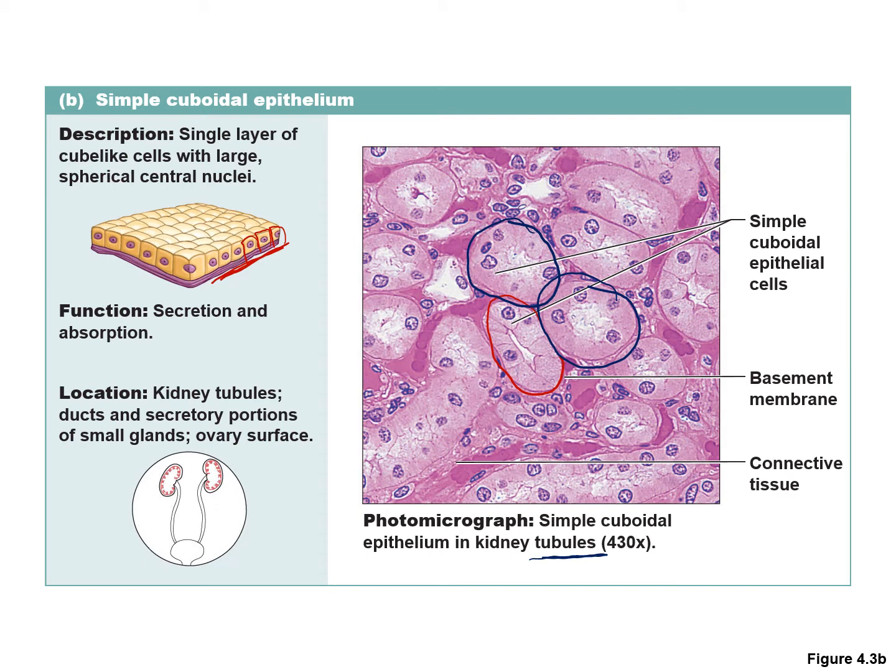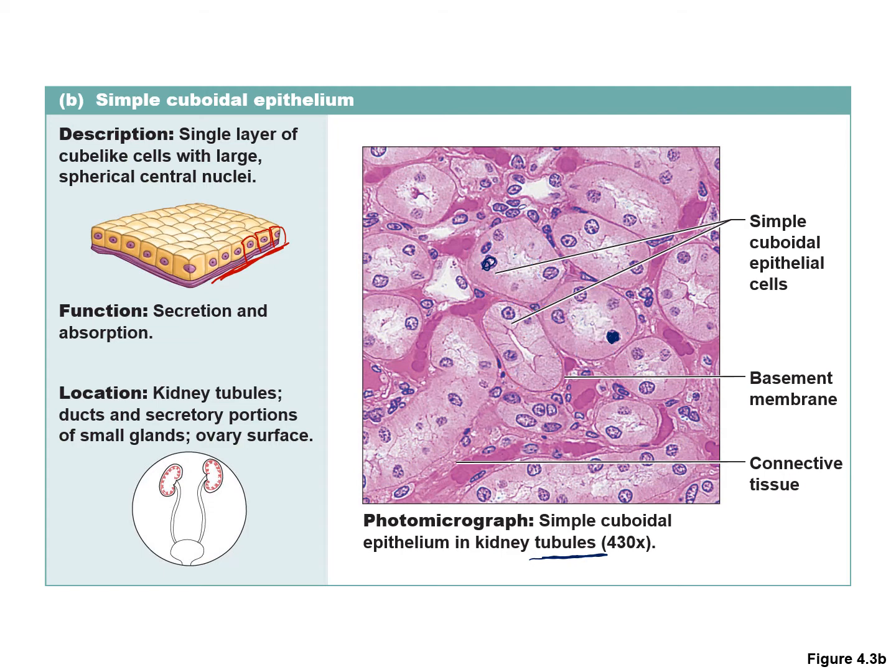But if you see, the walls of the tube are made from simple cuboidal epithelium, right? Now also, you see this dark part, this is a nucleus. So don't be confused, this is not a cell. The cell is actually all this pinkish structure that's surrounding a nucleus, right? So here's our simple cuboidal epithelium.